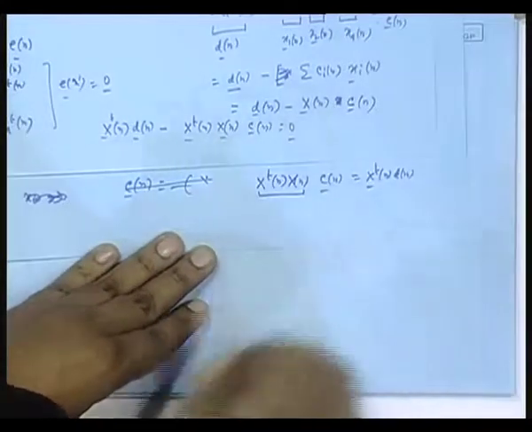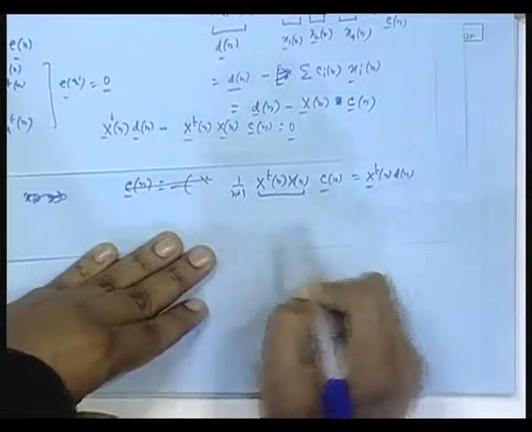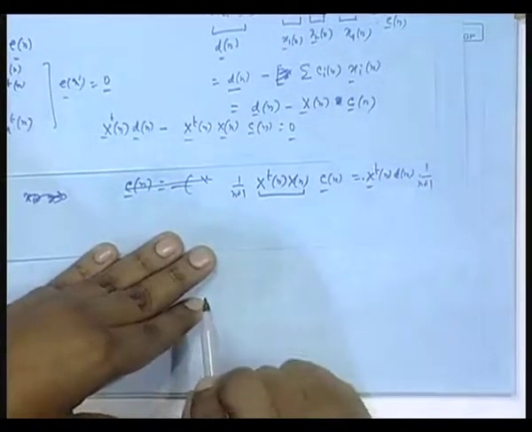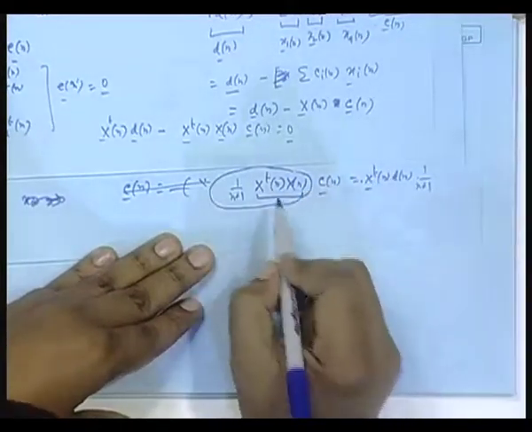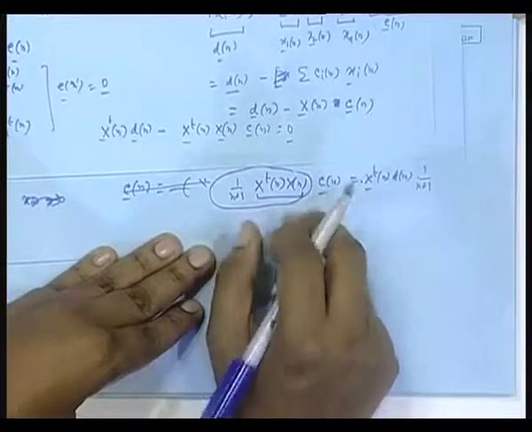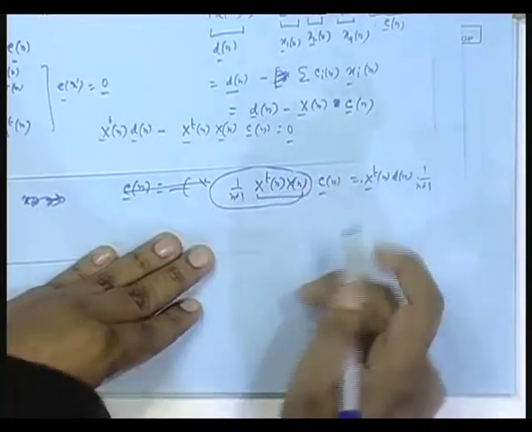This quantity, if I divide this by 1 by n plus 1, I divide this also by 1 by n plus 1. What is this quantity? It is a matrix after all. X transpose n is a matrix, x n is a matrix, so the product is a matrix, just a scalar times every element divided by a scalar. So, what is Cn?